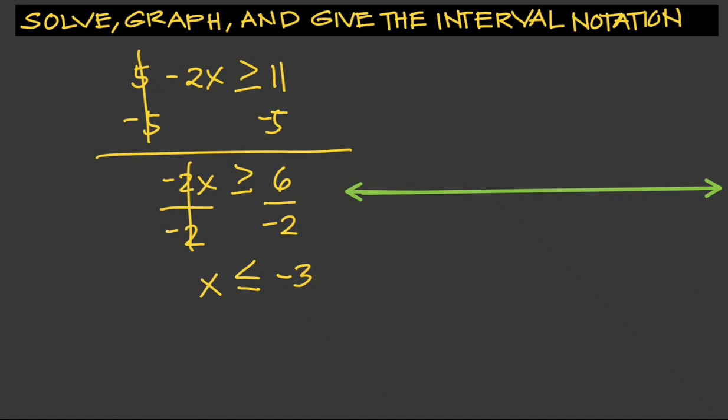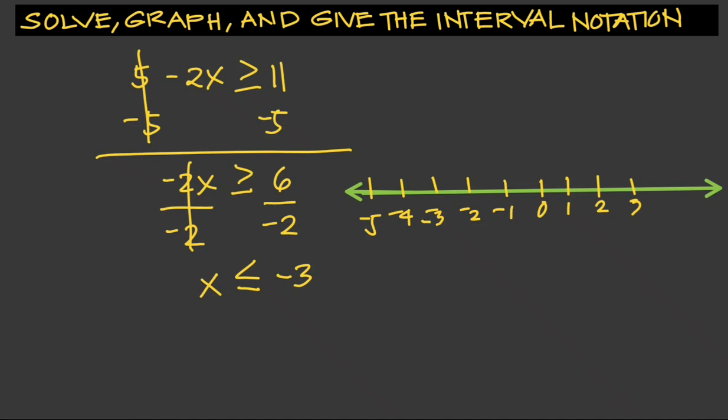That means -3 is included in our interval notation and in the graph, and we will use the square bracket. So let's say this is 0, 1, 2, 3, -1, -2, -3, -4, and -5. So less than -3, so all of the numbers lesser than -3.